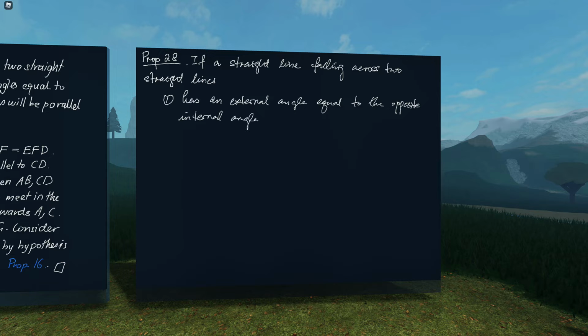So if you guys would have used the same terminology as I did when I learned this in primary school, these will be corresponding angles, right, on the same side of two lines, and two internal angles on the same side equal to two right angles.